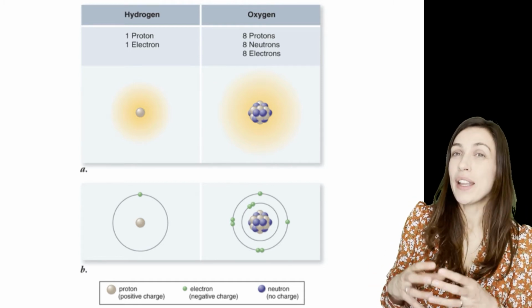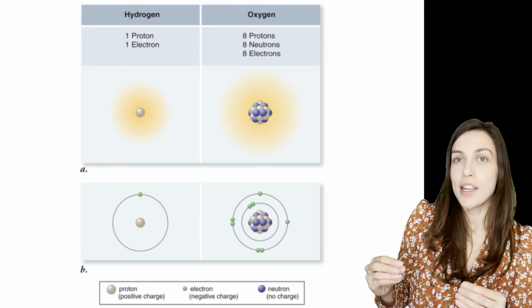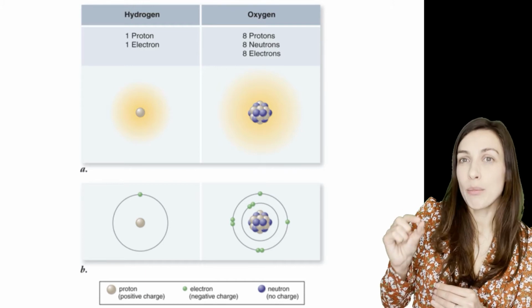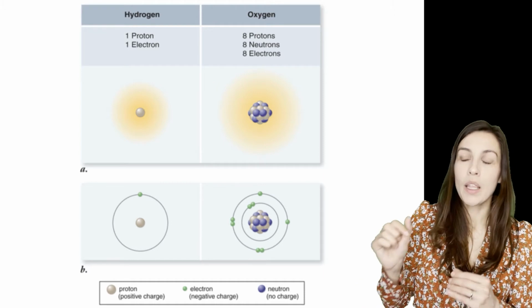Or we could say if an average atom is the size of a football stadium, then the nucleus would be like a small marble in the center of the 50-meter line.